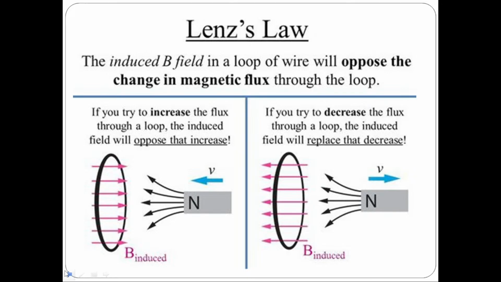These are the flux lines. There is a conductor here, which is in the shape of a ring.